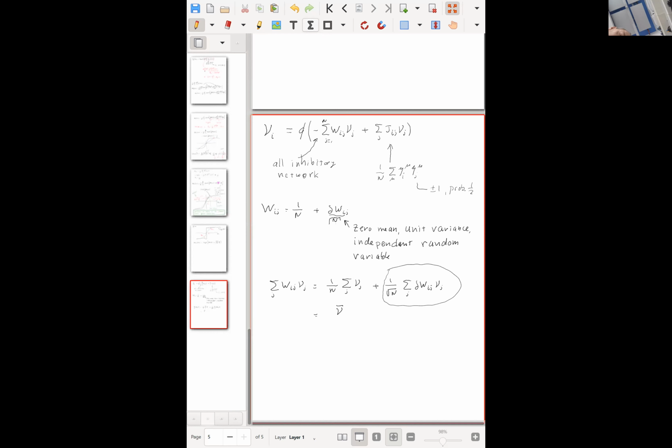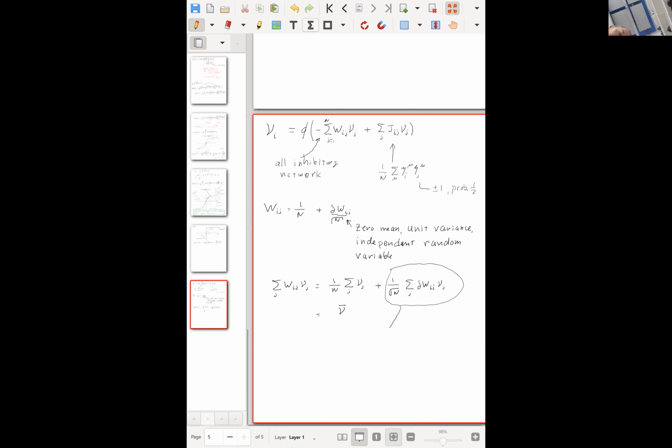Okay, these are random, so we square it. So the average value of this term squared is equal to 1 over n, the sum on j of delta Wij squared times nu j squared. And this is equal to 1 on average, right? This is unit variance.